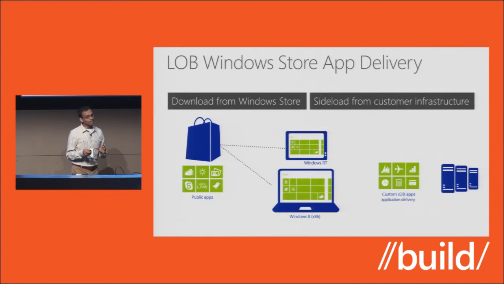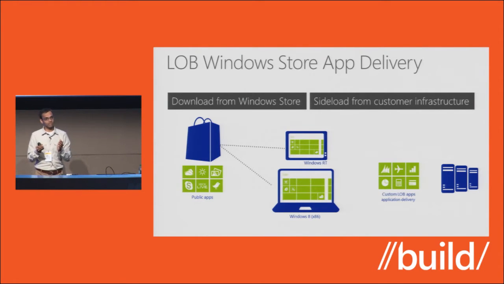However, we all understand that probably not all apps, especially within the organization, in the line of business category, you want to go through the Windows Store. And for that reason, we have another mechanism, what we call side loading. In the case of side loading, you as a small business or maybe even as an organization can say that I want flexibility. And that's where we offer two options to you.